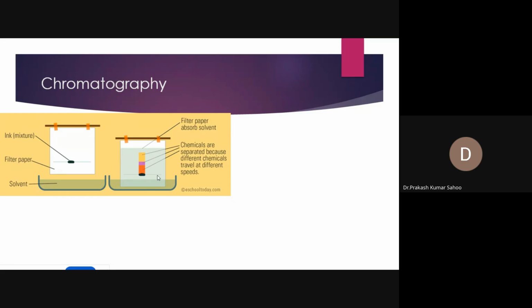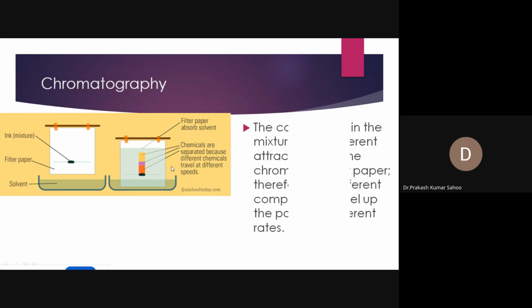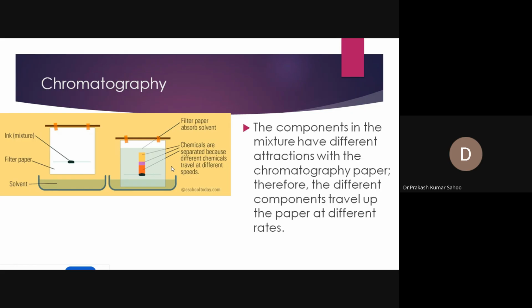Depending upon the retention factor, you are able to know what different components are present in a given mixture. So this is all about chromatography. I just read out that the components in the mixture have different attractions with the chromatography paper.